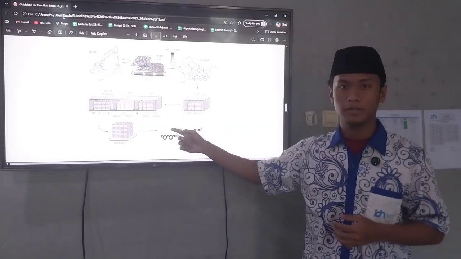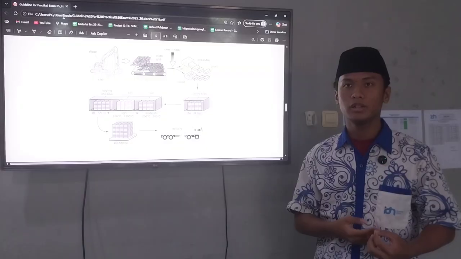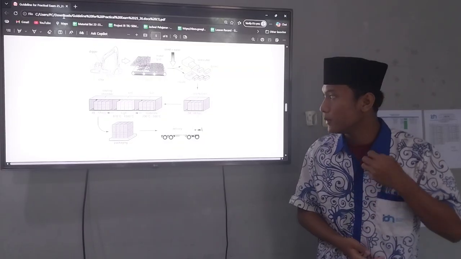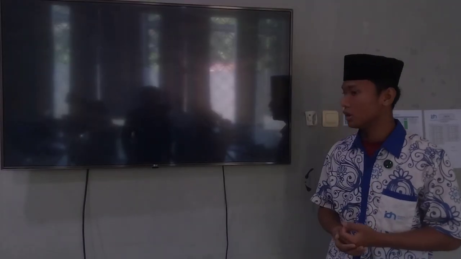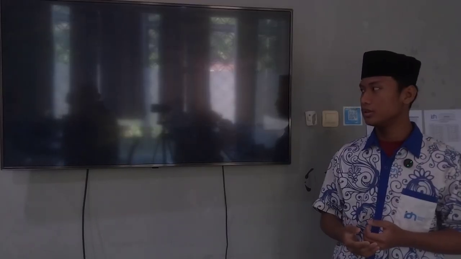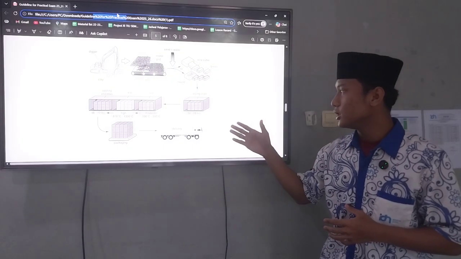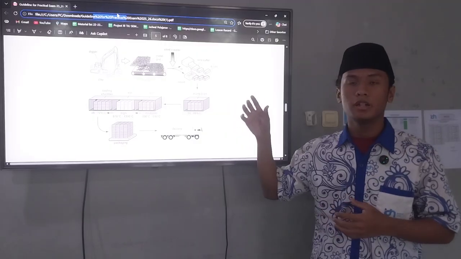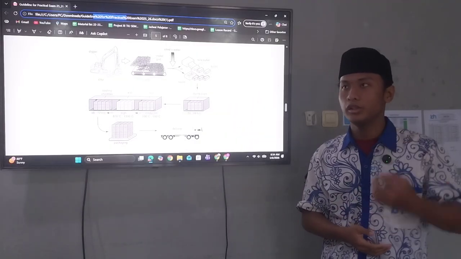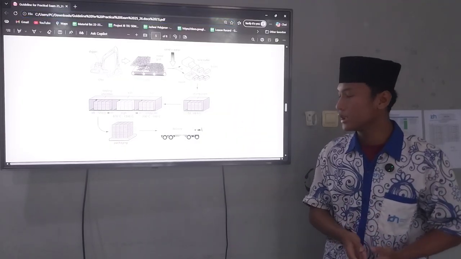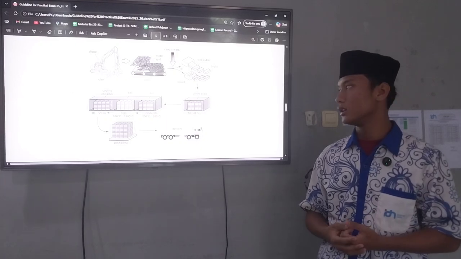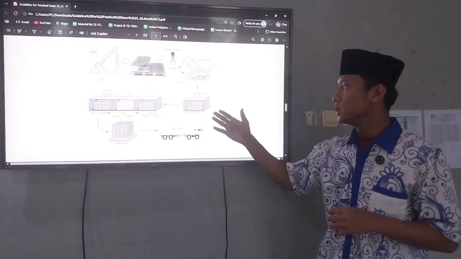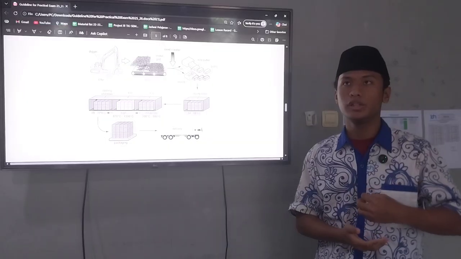When this step happens, the brick gets hard little by little. And also the chemical composition of the brick will be changing. Okay. But the brick is still weak.